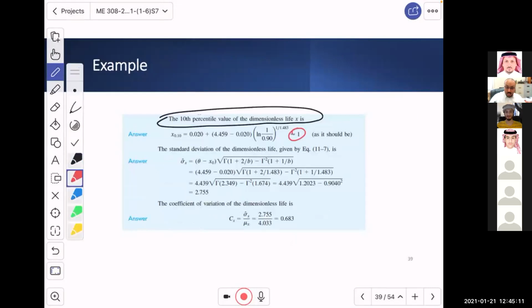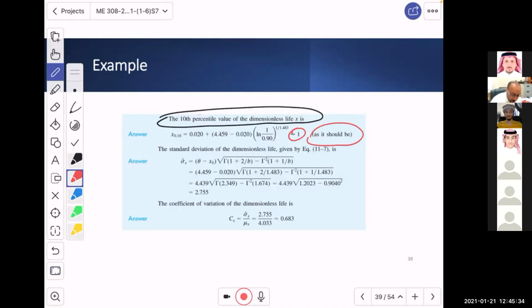1. And the book is saying as it should be. Why? Do you think this is logical? Because the book is saying that. Because rated life is 10 to the power of 6, so it's 1 L10.